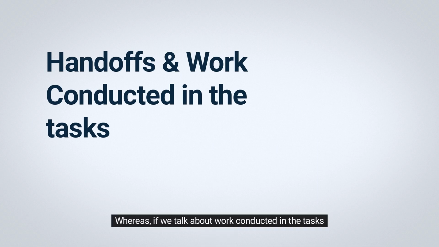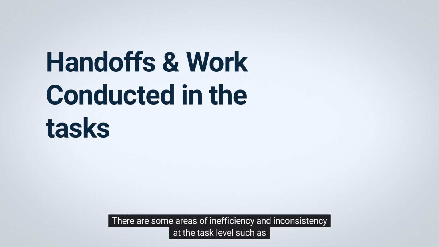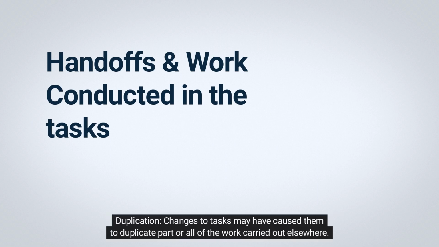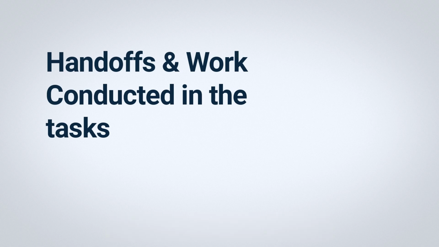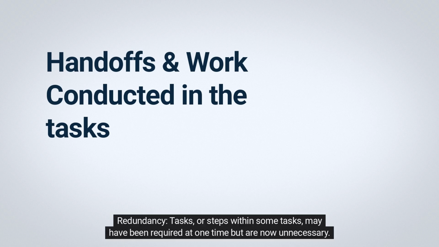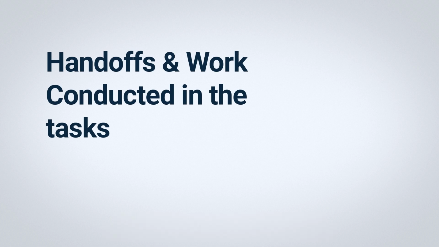Whereas, if we talk about work conducted in the tasks, there are some areas of inefficiency and inconsistency at the task level, such as duplication. Changes to tasks may have caused them to duplicate part or all of the work carried out elsewhere. Redundancy. Tasks or steps within some tasks may have been required at one time but are now unnecessary.